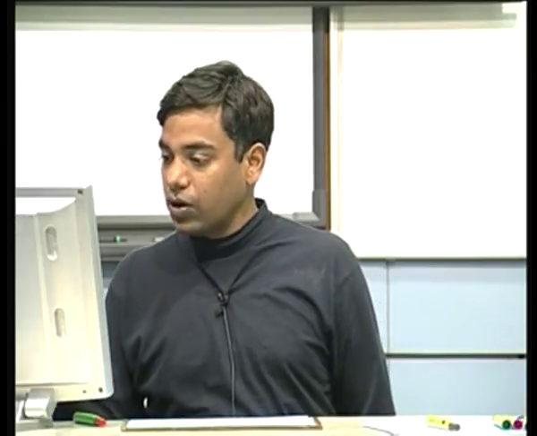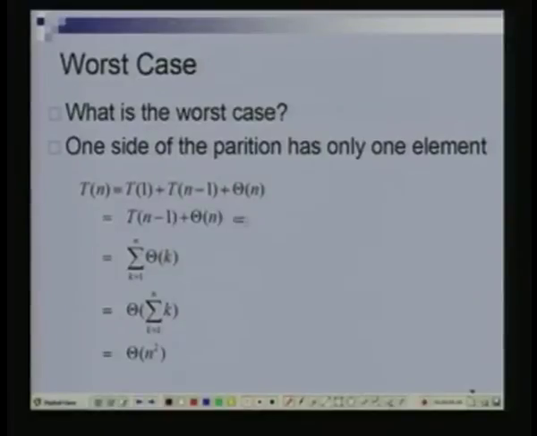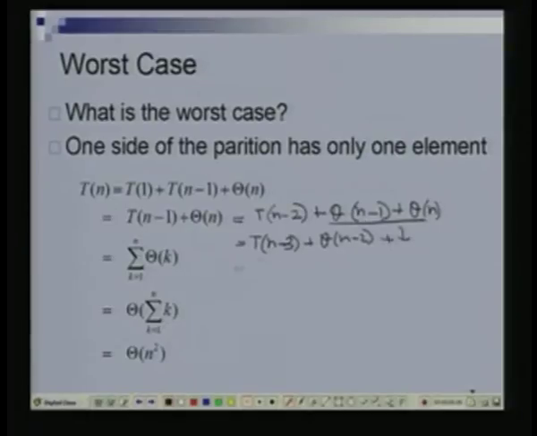Okay. So what all I am saying here is this is then equal to T of n minus 2 plus theta of n minus 1 plus theta of n, which is T n minus 3 plus theta of n minus 2 plus this term, which is equal to T n minus 4 plus theta of n minus 3 plus this entire thing, and so on and on.